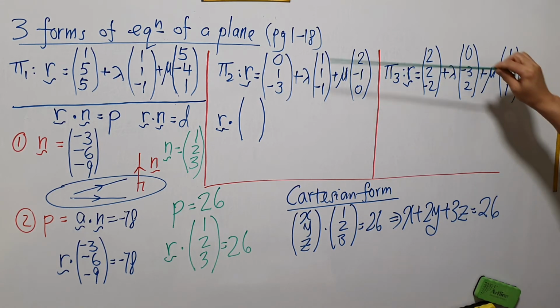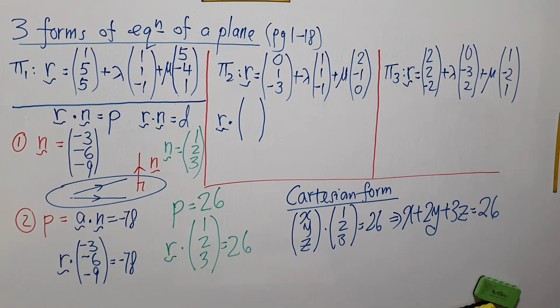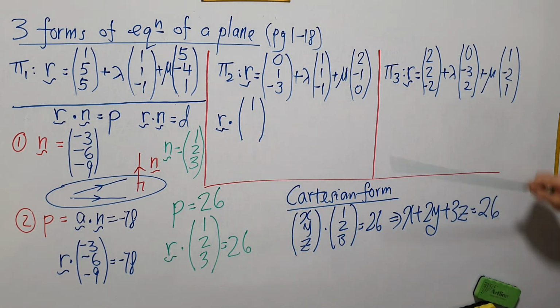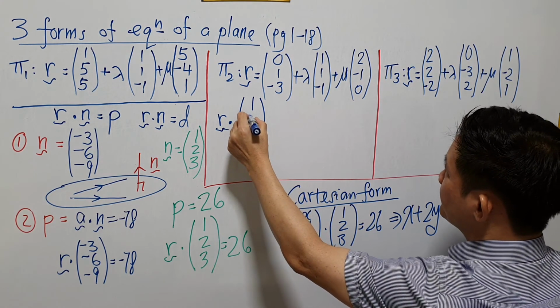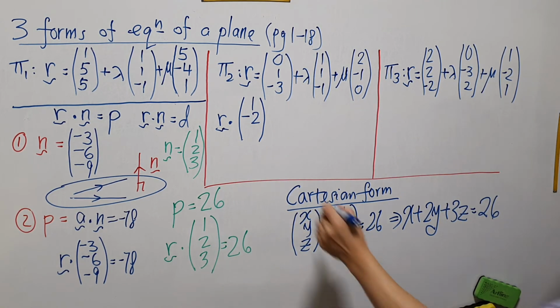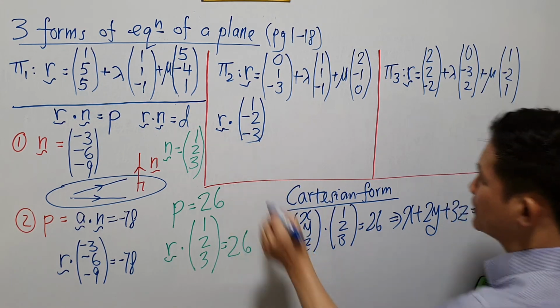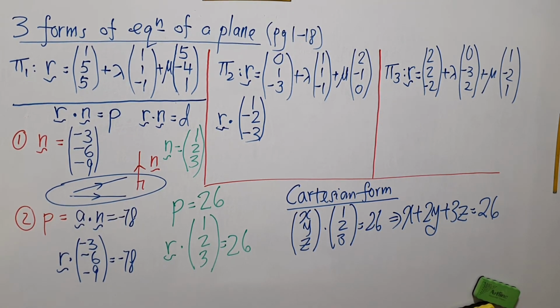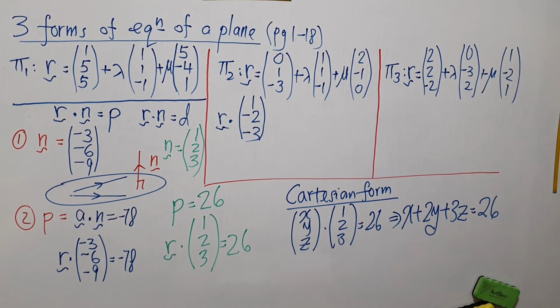Cover the first row, and then do your determinants calculation. Cover the second row, this gives you this. Cover the third row, you get this. This is actually the cross product of these two vectors.